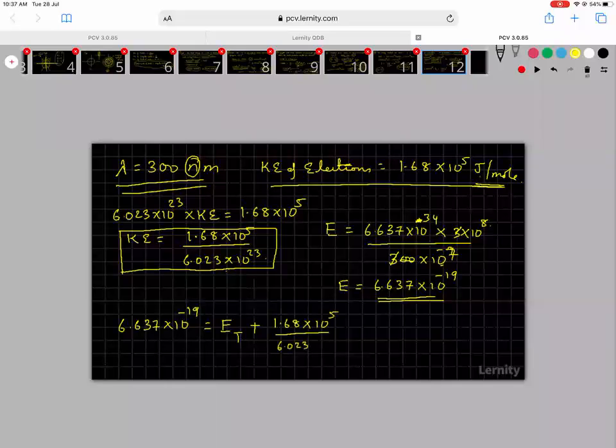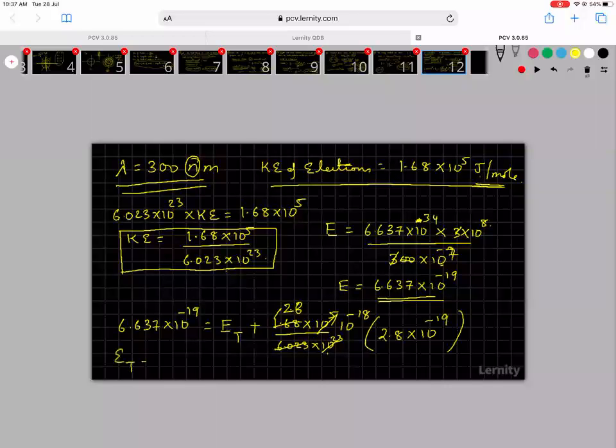Now when this 10 power 23 goes up, it becomes 10 power minus 18. Now 1.68 by 6.023, 6 into 8 is 48. So I'll make it 2.8 into 10 power minus 19. So this thing is equal to 2.8 into 10 power minus 19.